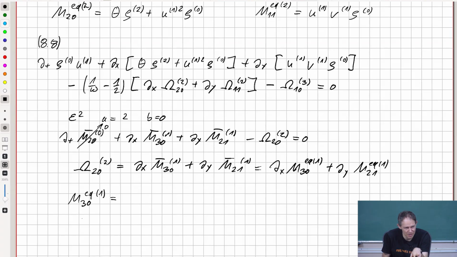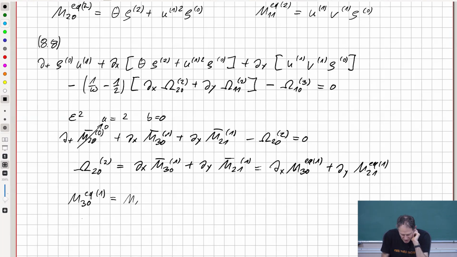Why is it so? M30 is dependent, yeah, on what does it depend on?